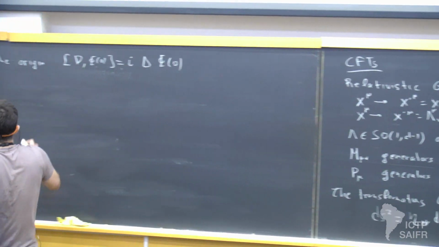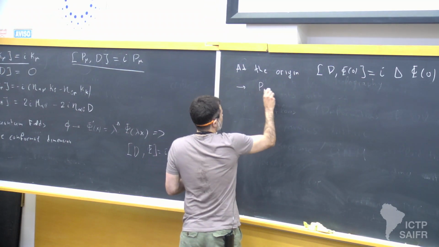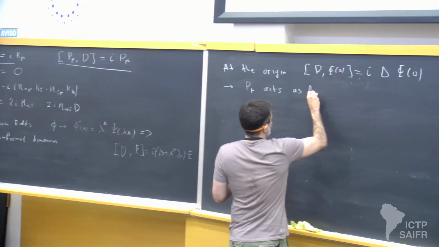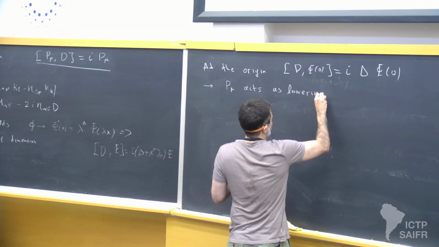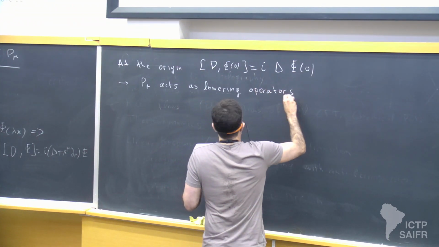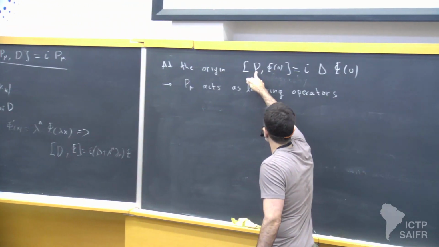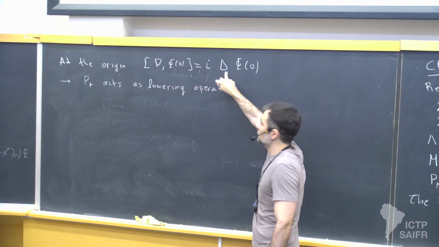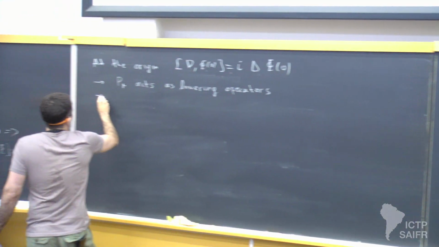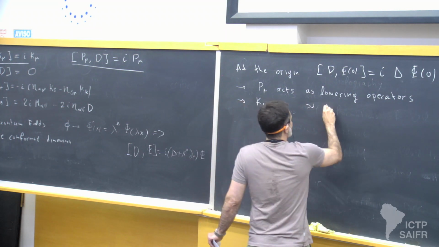In fact, these two equations are telling me that P mu acts as a lowering operator. So if I act with P mu on phi, and then I check what the commutator of D with P mu phi is, I will find a delta minus 1 here. This is what this means. K mu acts as a raising operator.